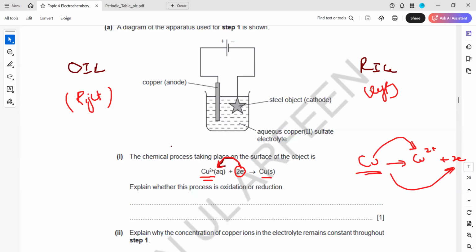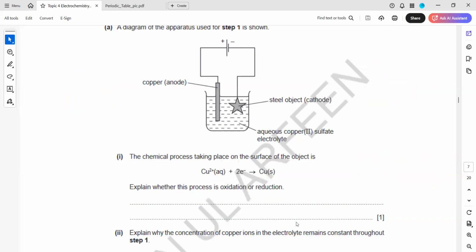When you see electrons on the left hand side of the equation, it is a reduction. When you see electrons on the right hand side, it is oxidation, or loss of electrons. So this is a reduction because it's a gain of electrons. Is it clear, this part? Yes, sir. Okay.